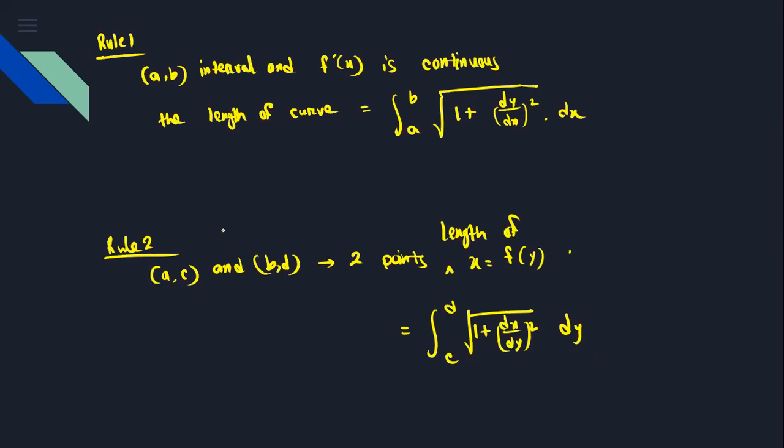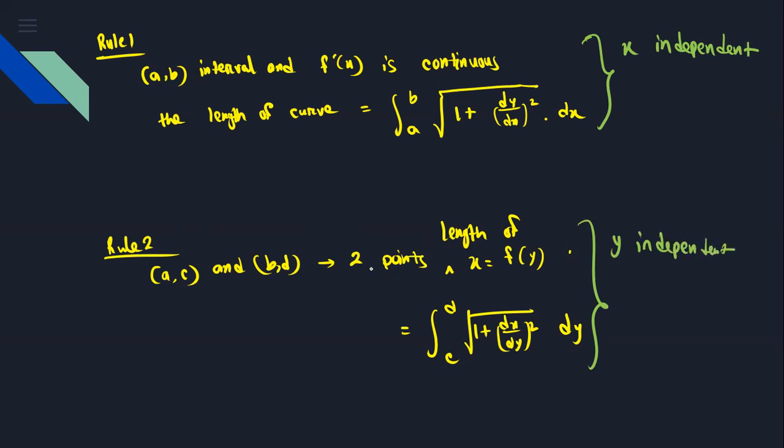In our second rule, y was independent, so we have to integrate with respect to y. The formula is just like the previous, root over 1 plus (dx/dy) whole square, and we put the limits of y, c and d. That's why I have written c and d.